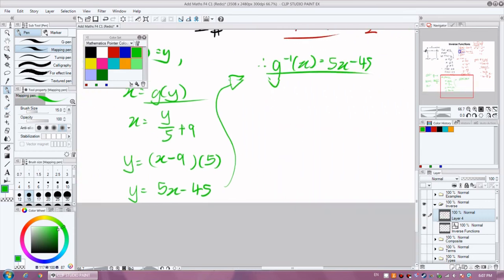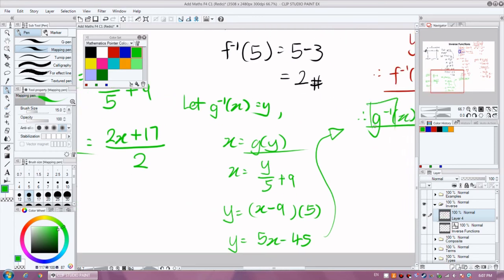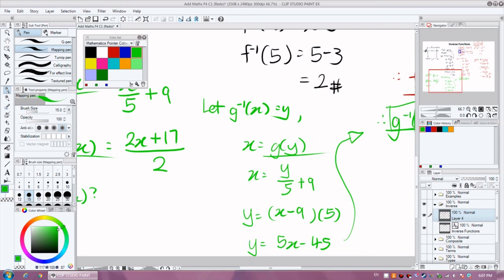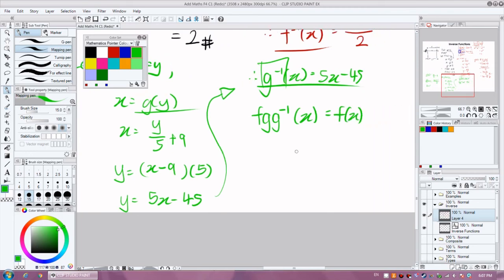We need to put together the two functions of the same letter, the proper and the inverse function. So it will be fg(g⁻¹(x)), which will give you f(x).